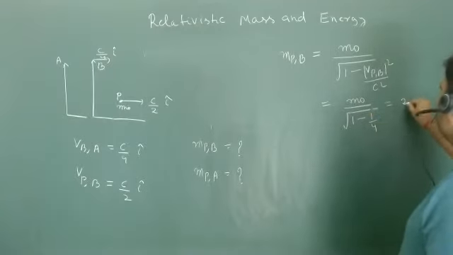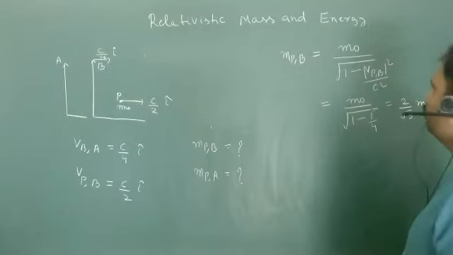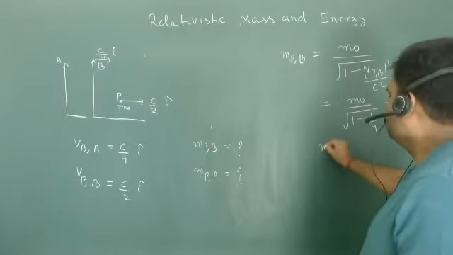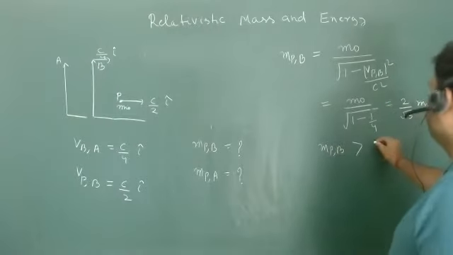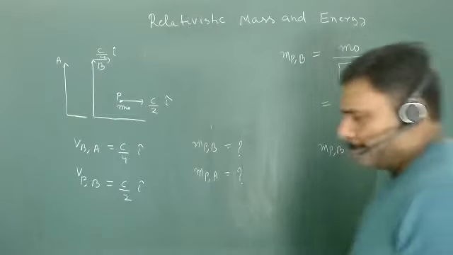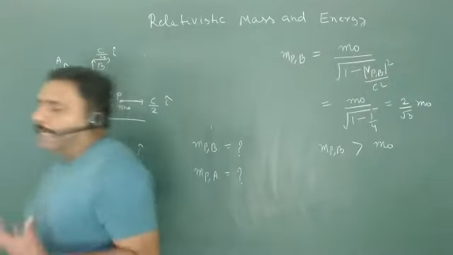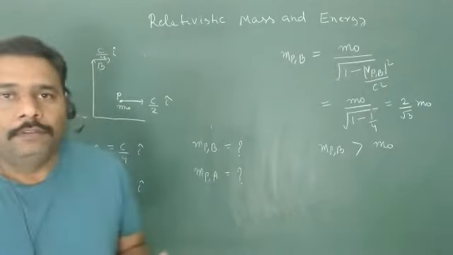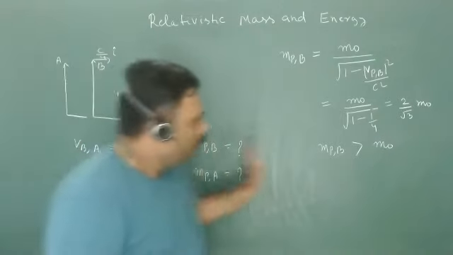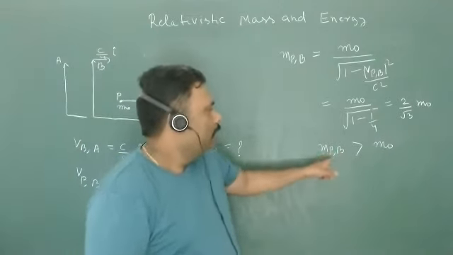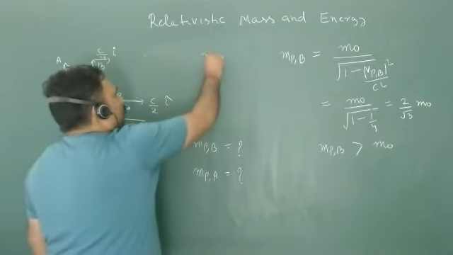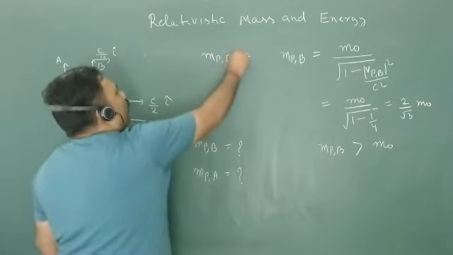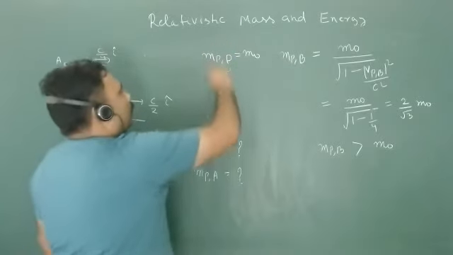This value is 2 upon root 3 m naught, which is the mass of the particle with respect to B, and it is greater than m naught, isn't it? So a moving particle appears heavier. A moving particle will always appear heavier, and you can see this will be greater than m naught. And we also have the mass of a particle with respect to the particle itself, which is basically the rest mass.